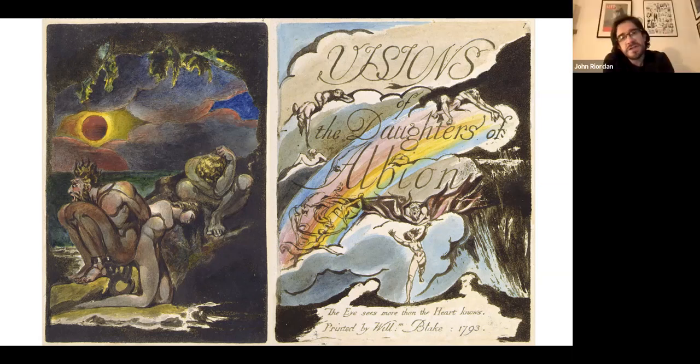It's seeing the two plates next to each other like that. It's hard not to think that the motto somehow refers, at least in part, to the eye of God, or whatever we think that is on the frontispiece. And I can't remember. It's been a while since I read Visions of the Daughters of Albion.